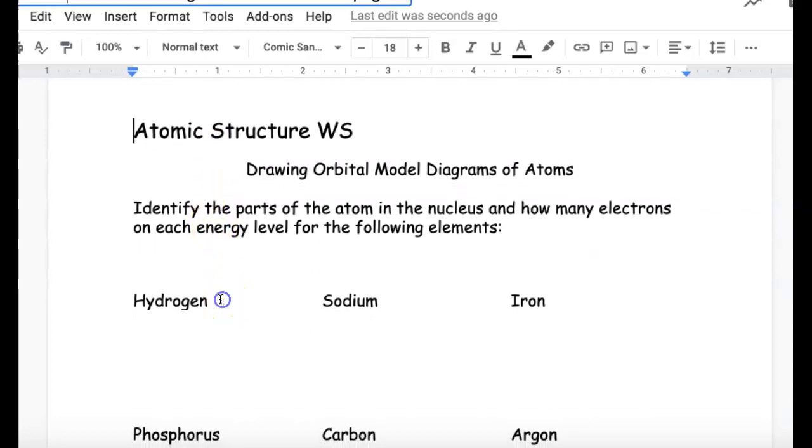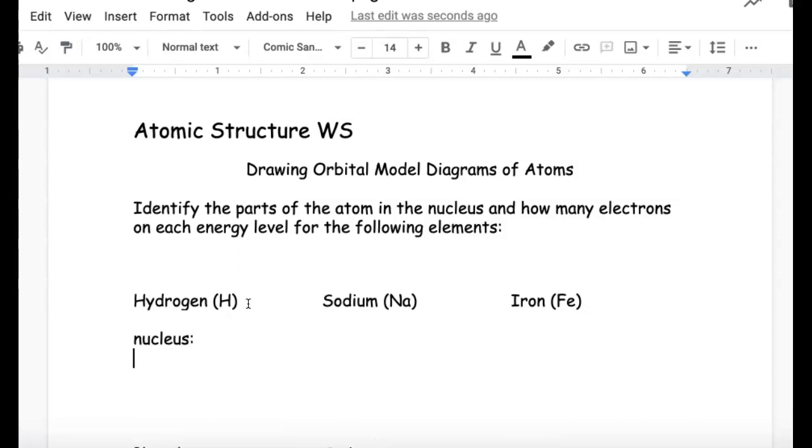So the first thing I would do is, again, put the symbol. So we have hydrogen, and then over here I'm going to have sodium, and then over here I'm going to have iron. Okay, then what I'm going to do is, I'm just going to put nucleus, okay?